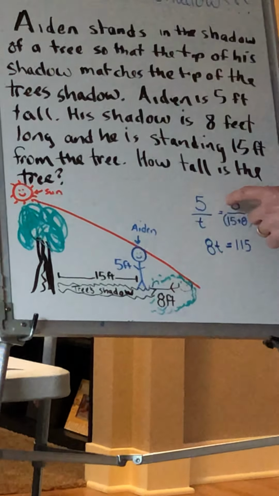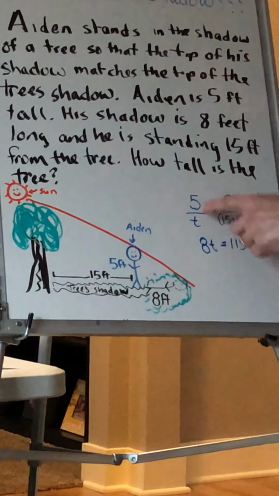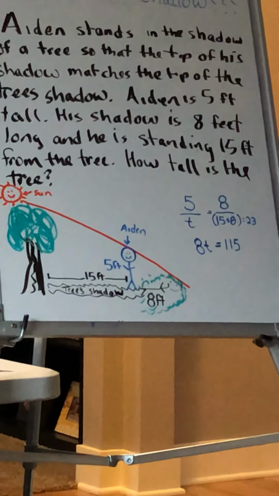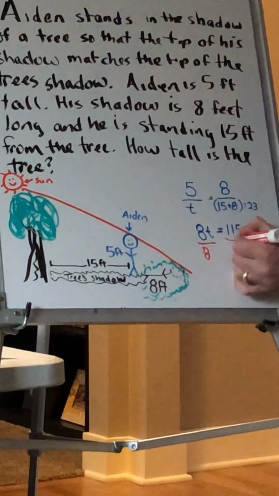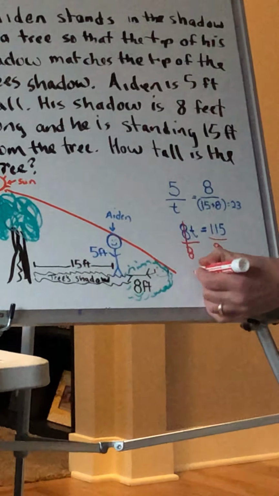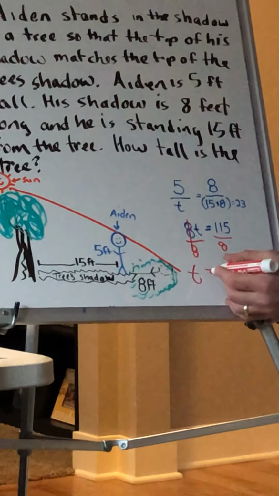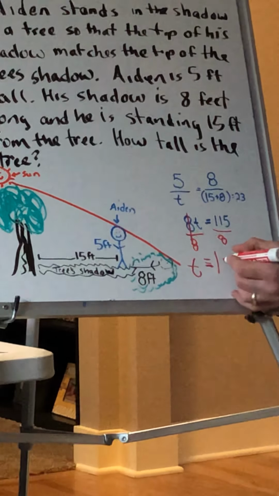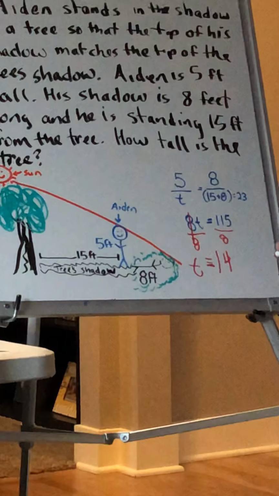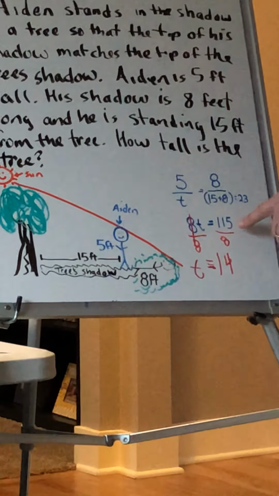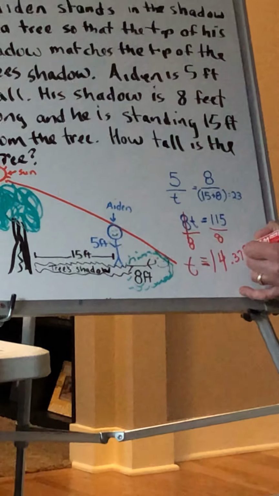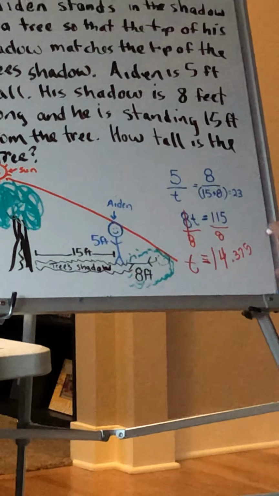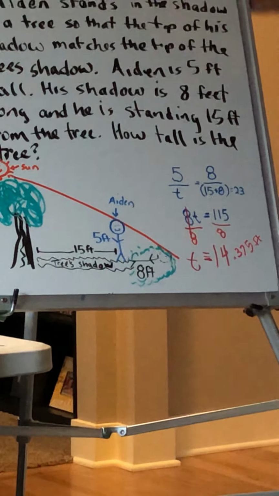Now I cross multiply, 8 times T is 8T, 5 times 23 is 115, and then you divide by 8, cancel, get the variable by itself, and that goes in there 1 time, 14, let's see, that would have been 35, 32, and 3/8, and the $1.25 rule, 3/8 would be 375, and those are feet.